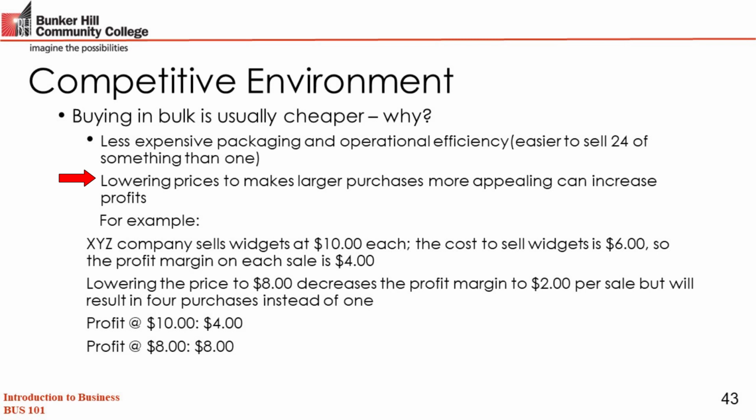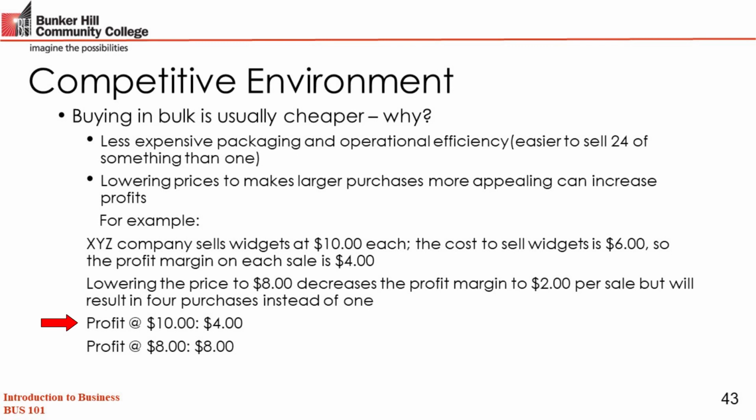So let me give you an example. A company is selling a widget, just a fake product, at $10 each. The cost of those widgets is $6. That means the profit margin is $4. If I lower the price to say $8, then my profit margin is only $2. However, if lowering the price encourages people to buy more of that product, then I can make a bigger profit, even if I make less money for each item sold.